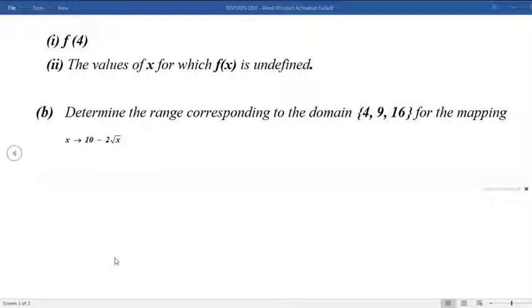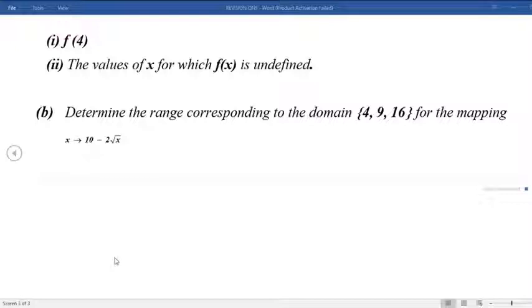So here, remember we are supposed to draw two parts, this and that.